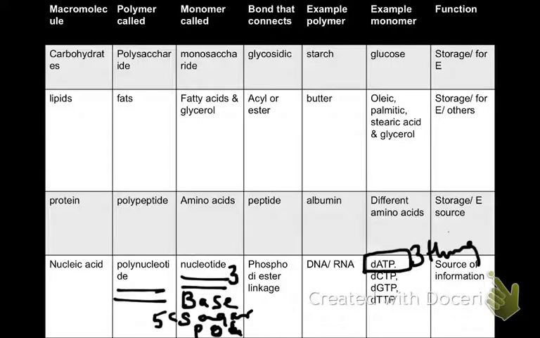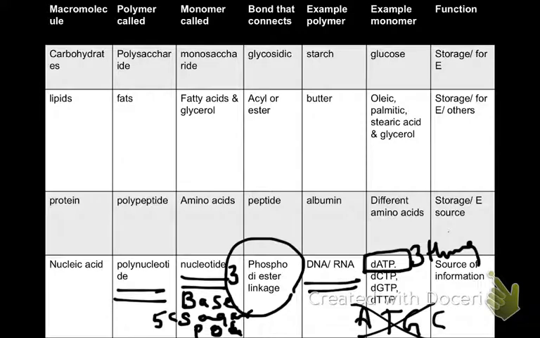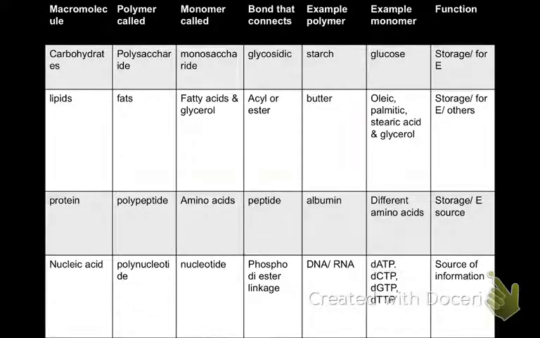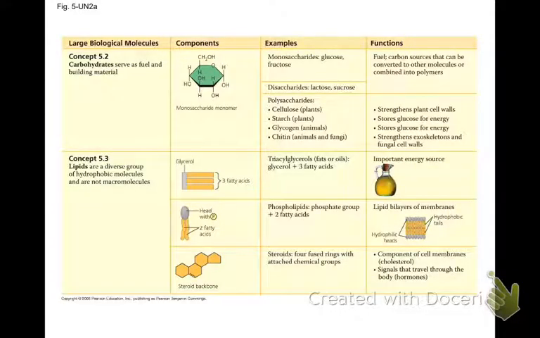If you just write the monomer is A, T, G, C, you are wrong. The linkage that connects them, like I walked you through, is the phosphodiester linkage. Examples can be DNA or RNA, and the function can be a source of information or to translate that source of information. This sums up what the entire chapter was all about.